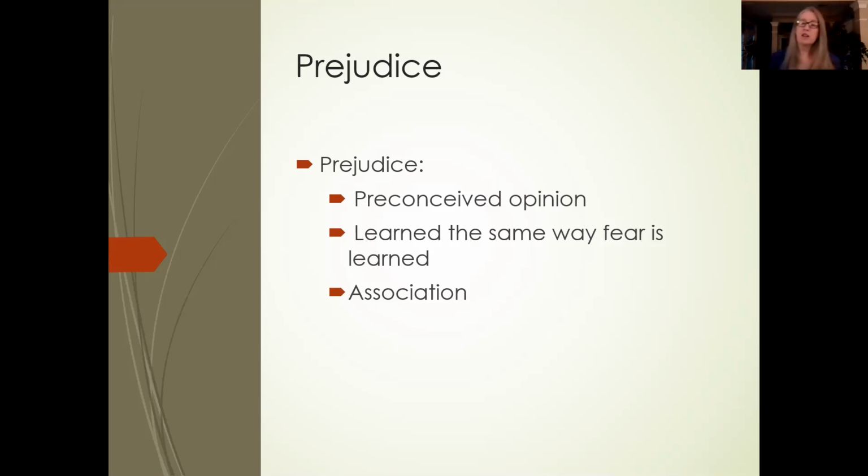Now, yes, belonging to a social group, especially one that you voluntarily joined, does give you an idea perhaps about what that person's attitudes and beliefs and opinions might be. But we oftentimes will have prejudice toward people who are members of social groups that they didn't even get a choice to belong to. So like, I was born female, I was born white, I was born into the family I was born into.